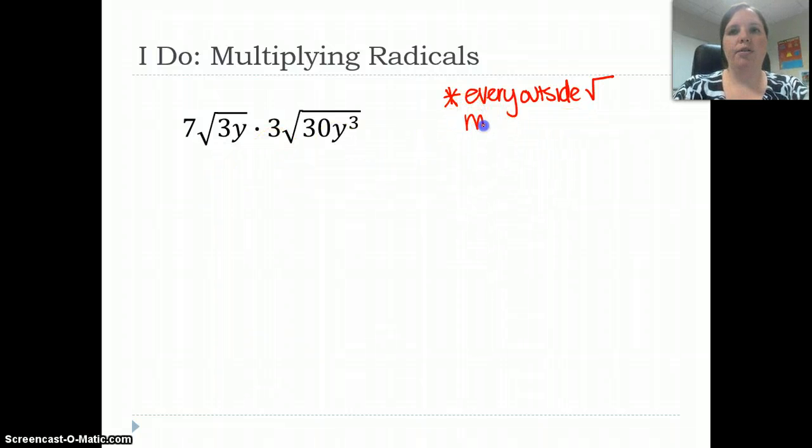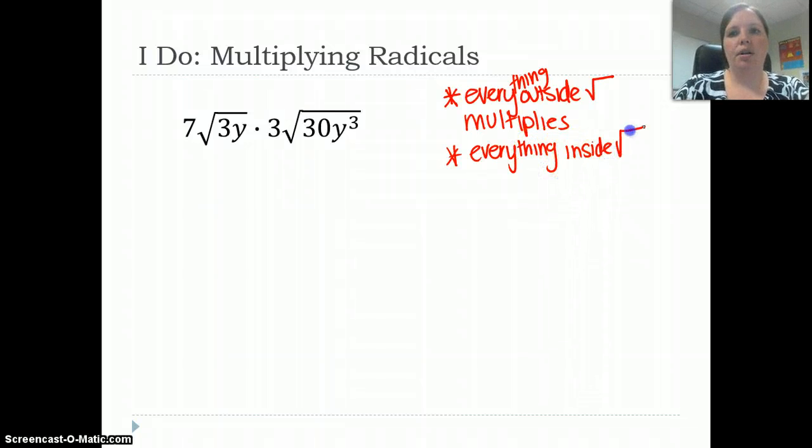Everything outside the radical multiplies together, and the same thing for inside: everything inside the radical also multiplies.